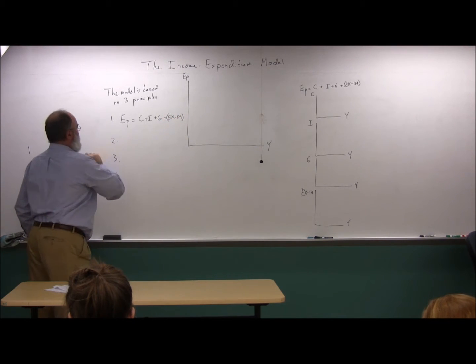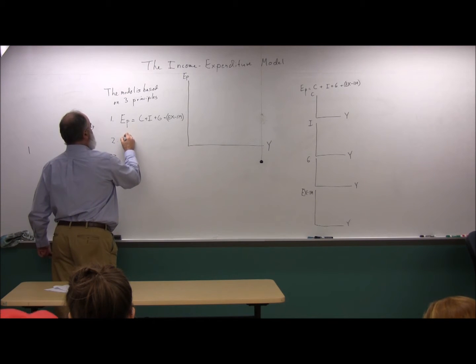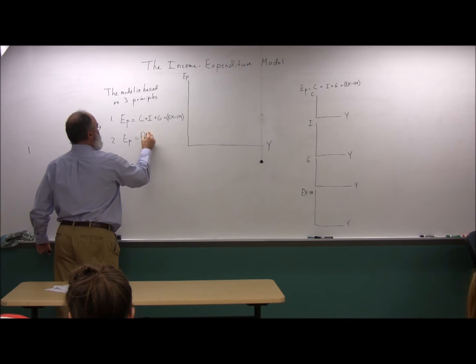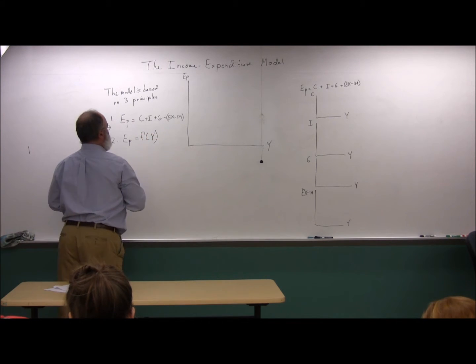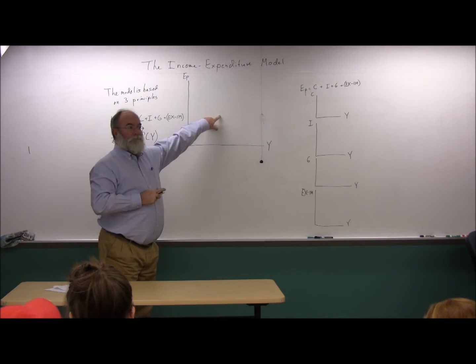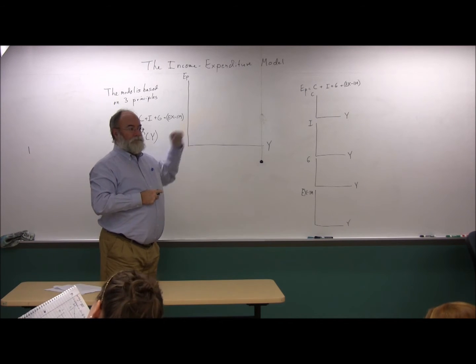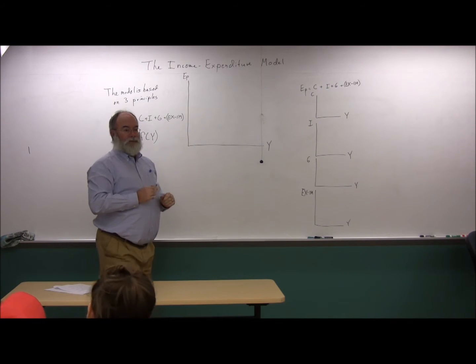The second one says, and this is really a restatement, that EP can be expressed as a function of GDP. In other words, we can graph it here. Okay?